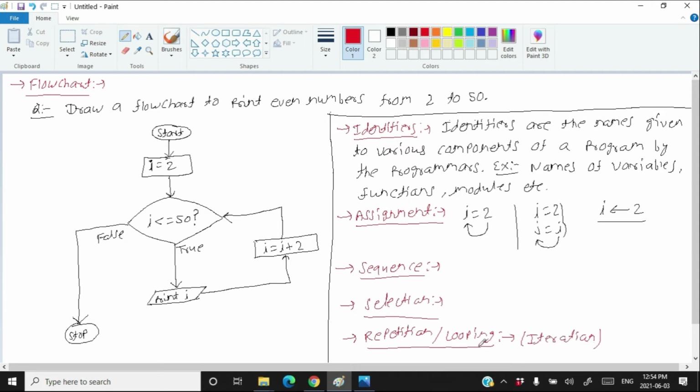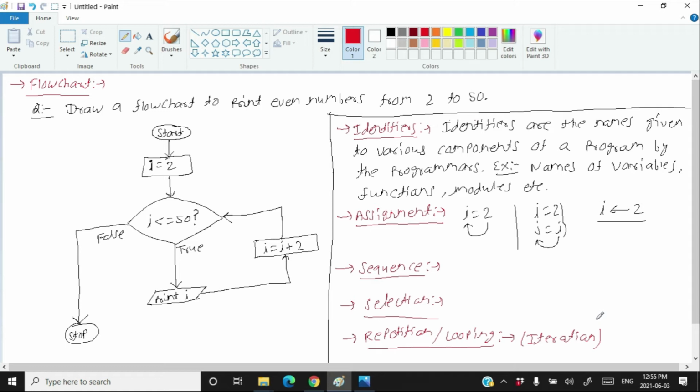So repetition, looping, iteration are the names of the same thing. There are two kinds of looping, two kinds of iteration, two kinds of repetition given in Python. One is called for loop and the other one is called while loop. But I am not going to discuss it right now. We will discuss them while learning Python programming.